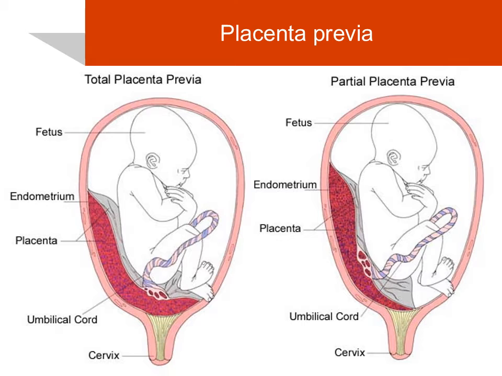In partial previa, a portion of the internal os is covered by the placenta. In marginal previa, the edge of the placenta extends to the edge of the cervical os. A low-lying placenta will commonly be defined as within 2 cm of the cervical os without covering any portion of it.